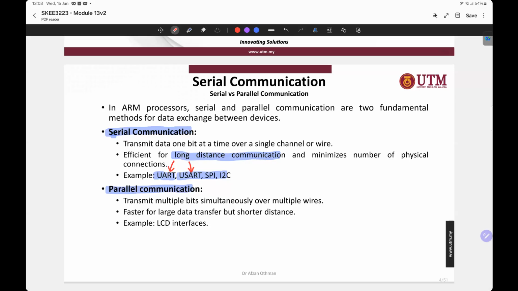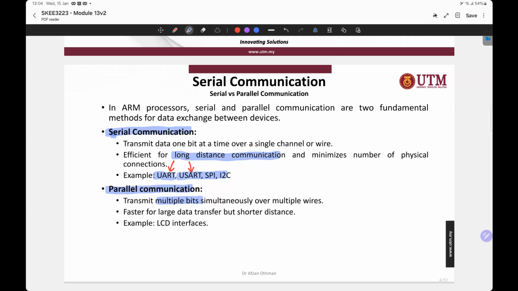The second type is parallel communication, which transmits multiple bits simultaneously over multiple wires. With serial, every time you communicate, you need to send the data serially, one bit by one bit. But with parallel communication, you can send multiple bits at the same time.